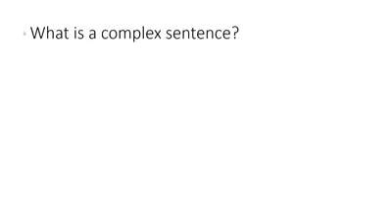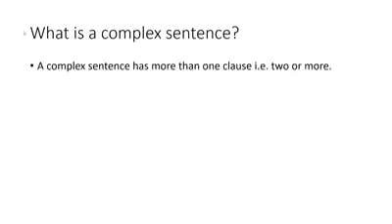So what is a complex sentence? A complex sentence has more than one clause. So it has two clauses, or more than two clauses. You'll find online that there's a little bit of debate about whether two clauses means that it's a compound sentence rather than a complex sentence.